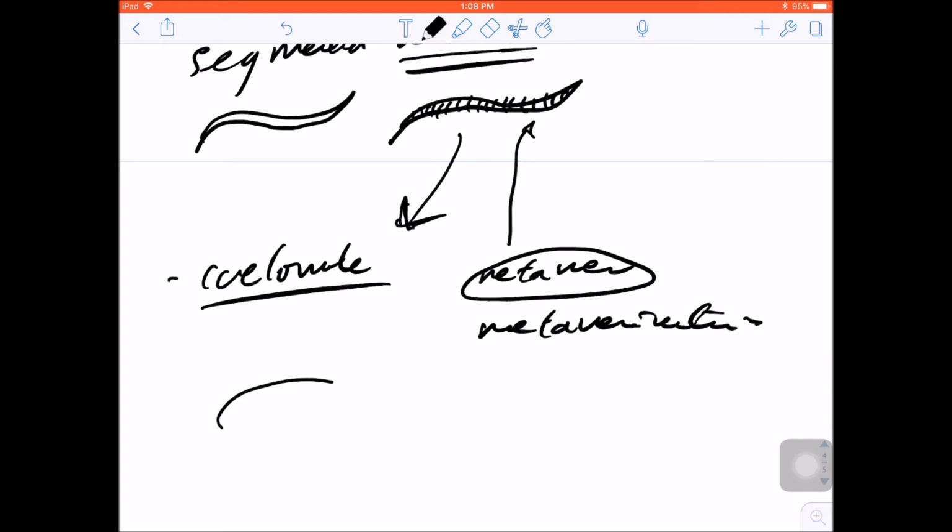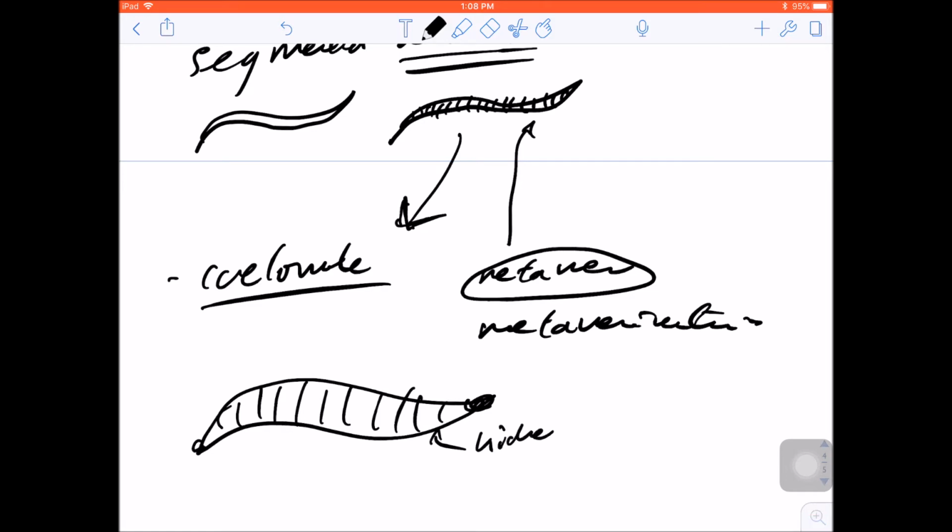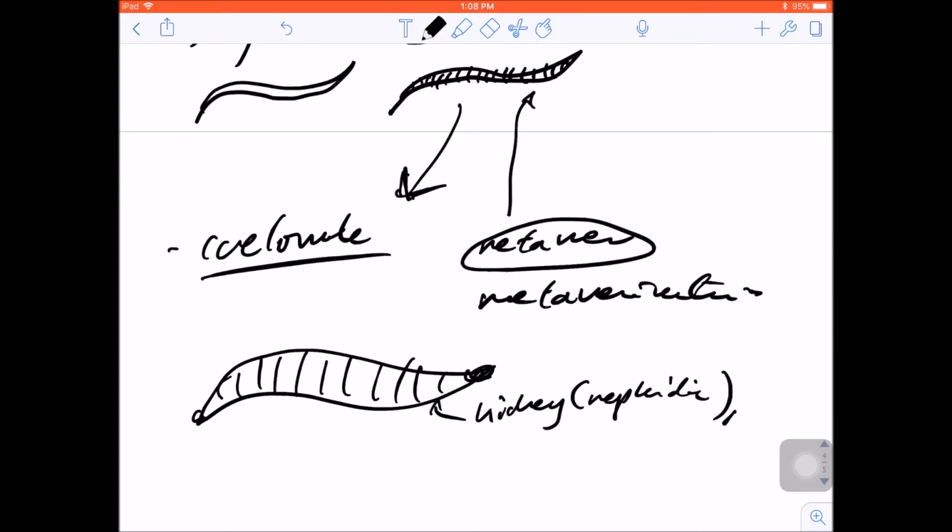So in each segment of the earthworm, if you'll recall, except the specialized front and back segments, it'll have kidneys, the nephridia, and locomotory body parts.